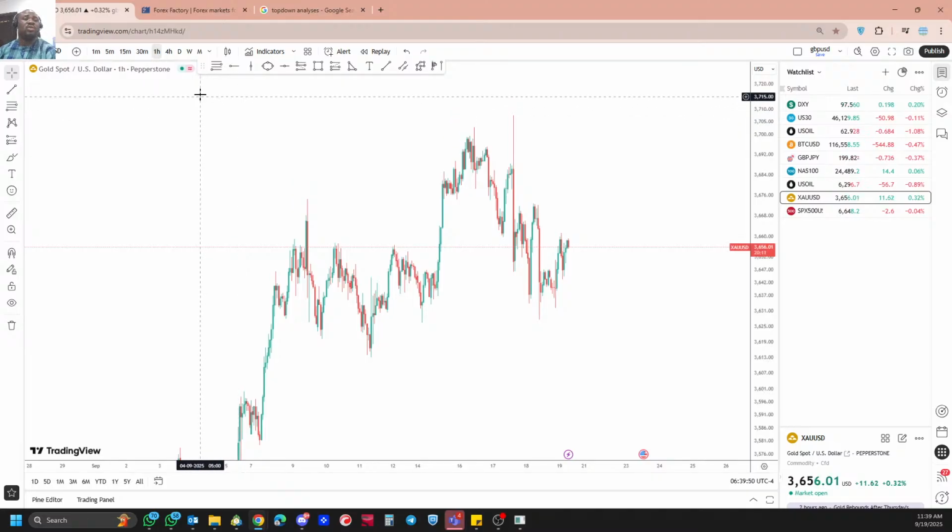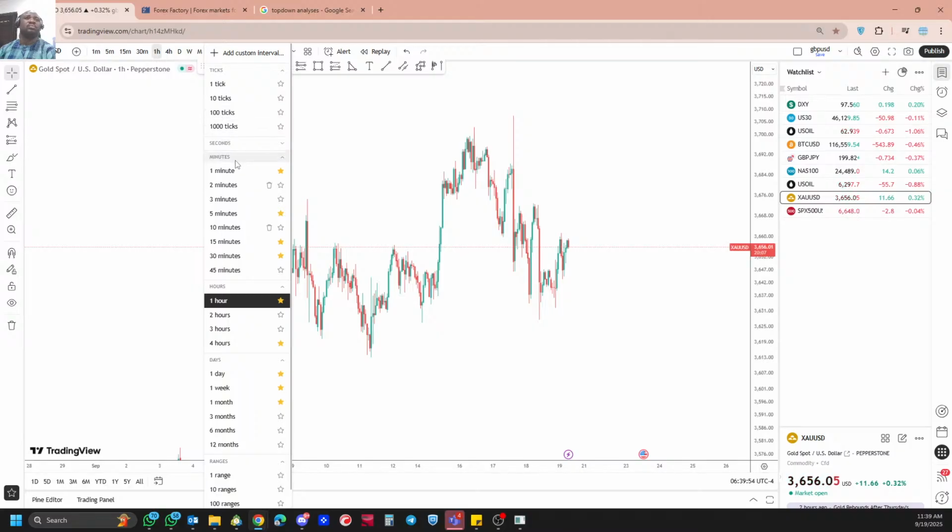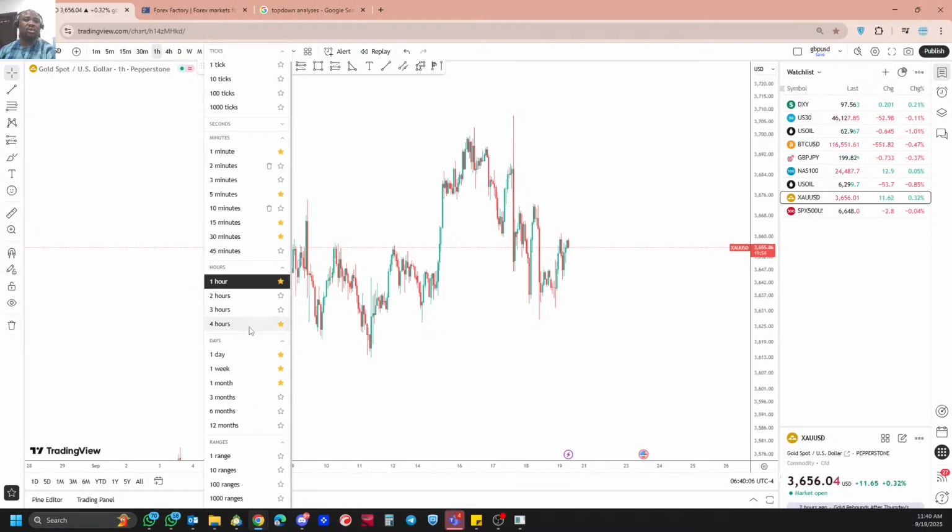Now, as we all know, we have several time frames on our charts. You have as small as 1 minute, 5 minutes, you even have a tick, that's per pip movement, 10 pip movement, all the way to 12 months, which is a year.